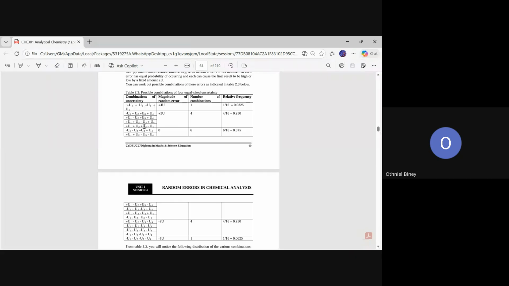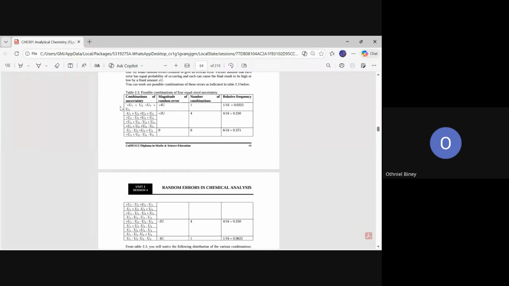It's based on the plus or minus u. So now, since we are saying u can be positive or negative, let's find out how many times u can be positive and how many times u can be negative.